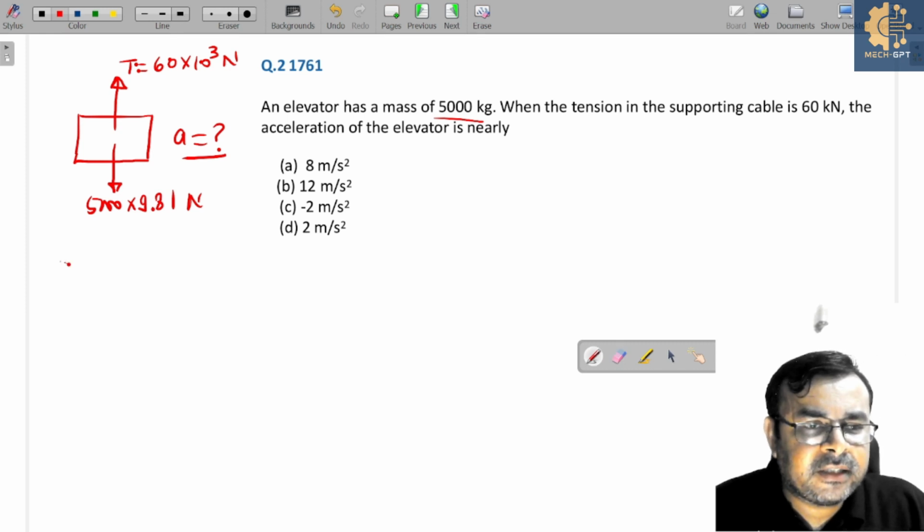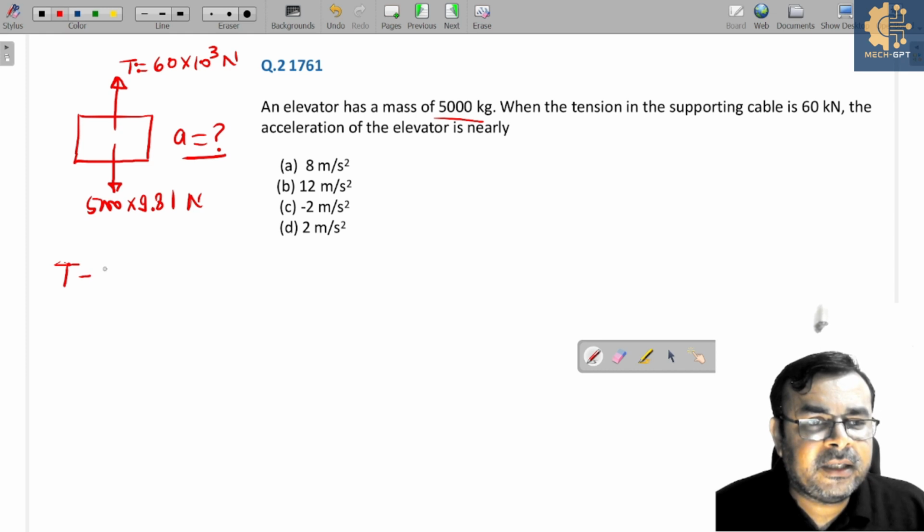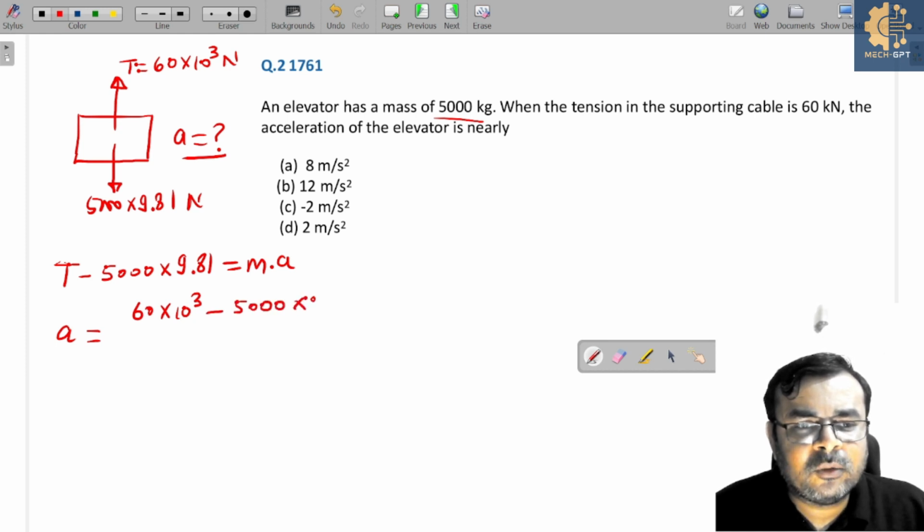So you can see net force acting on the elevator is nothing but T minus 5000 into 9.81 is equal to mass into acceleration. Can I use this expression? So acceleration is nothing but tension, which is already given as 60 into 10 to the power 3, minus 5000 into 9.81 over mass, which is 5000.